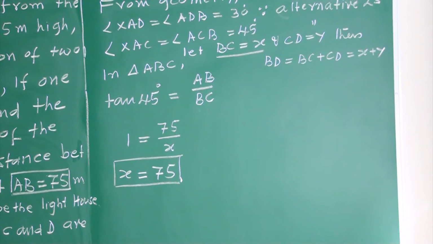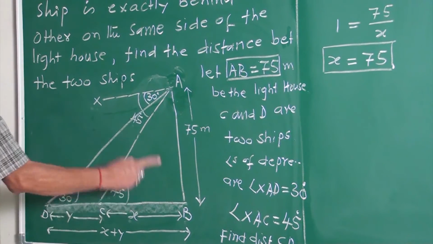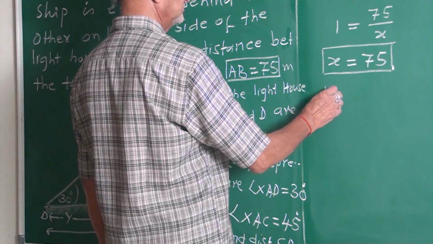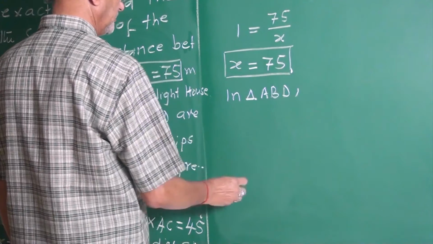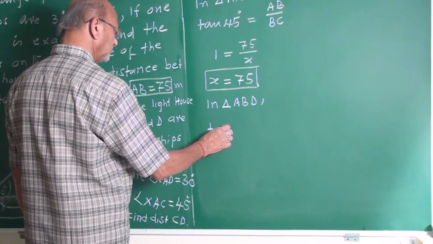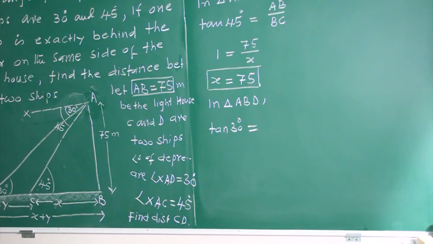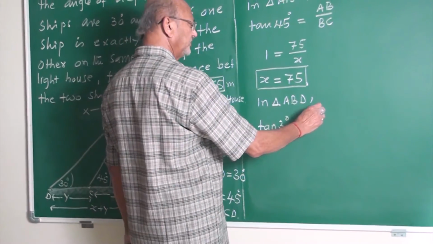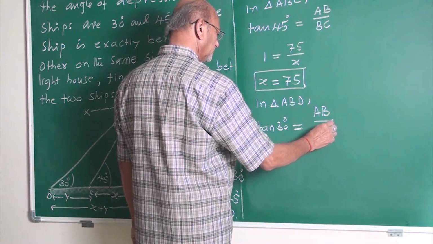This we get with the help of the first triangle. Now the second triangle. In triangle ADB or ABD, we have tan 30 degrees. Opposite side is AB upon adjacent side BD.